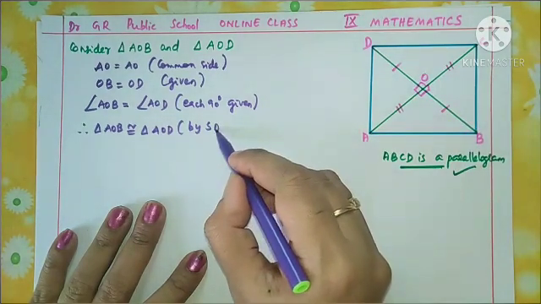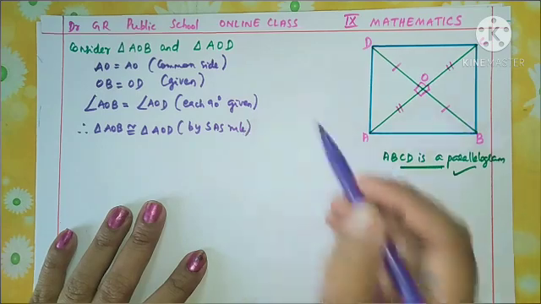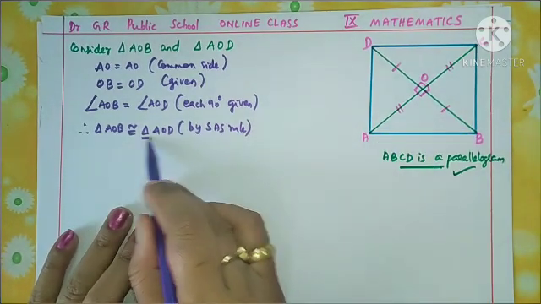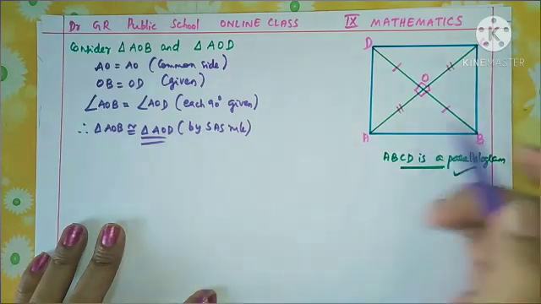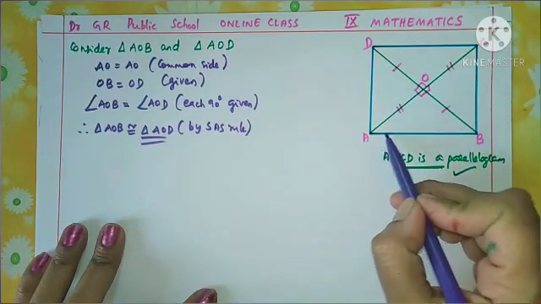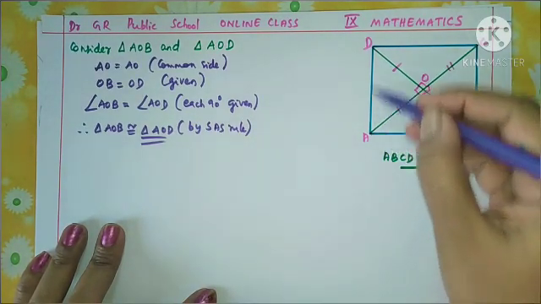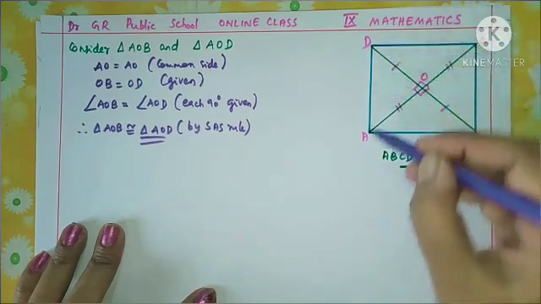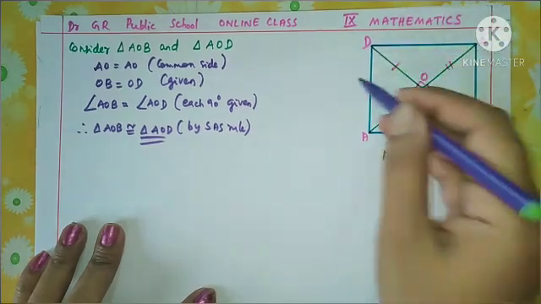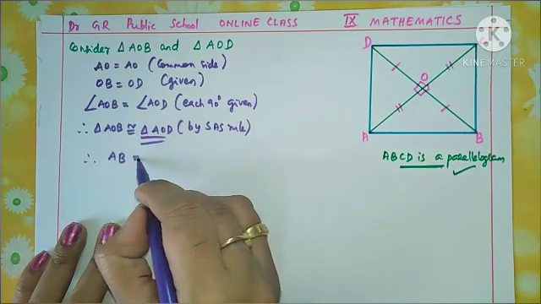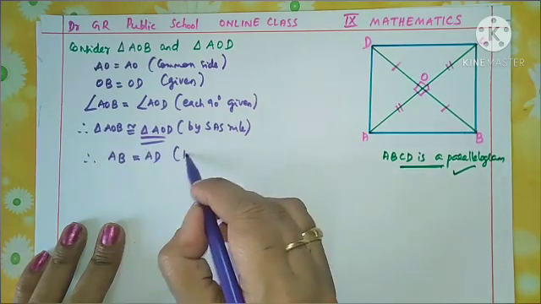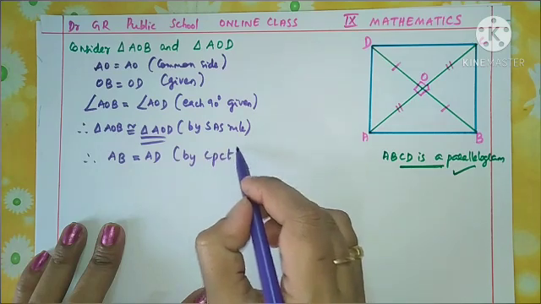So, by SAS rule, they are congruent. Now, when they are congruent, what about these two sides AB, AD? AB, AD are corresponding parts. So, therefore, AB is equal to AD by CPCT.